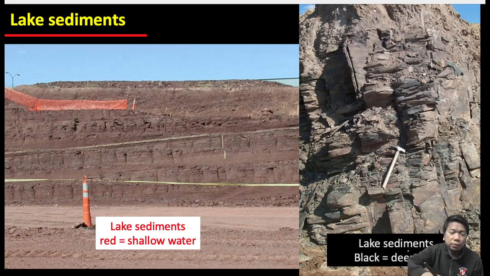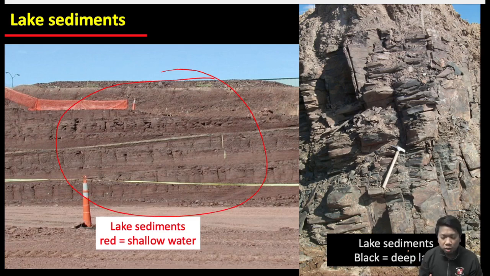If you see these rocks with red color, that indicates that these rocks were deposited in an environment that has a lot of oxygen. And that is the reason why it becomes red in color, because there was some oxidation that happened during the formation of these rocks.